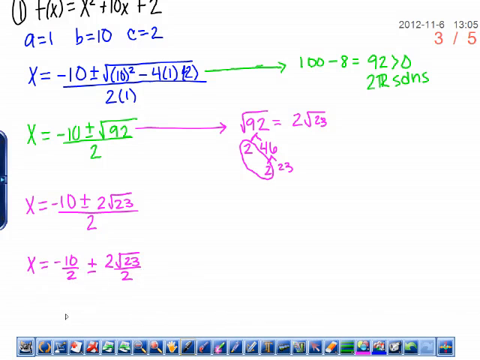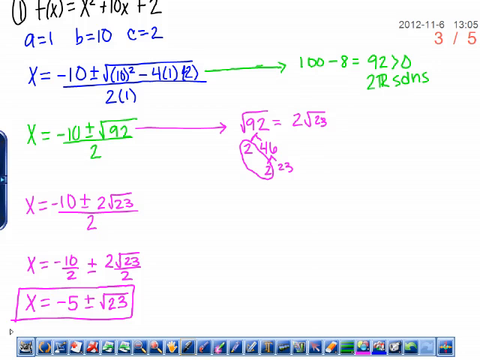Does negative 10 over 2 simplify? What does it give me? Negative 5 plus or minus. What about 2 root 23 over 2? Yeah, square root of 23. Yeah, you can leave it like this.